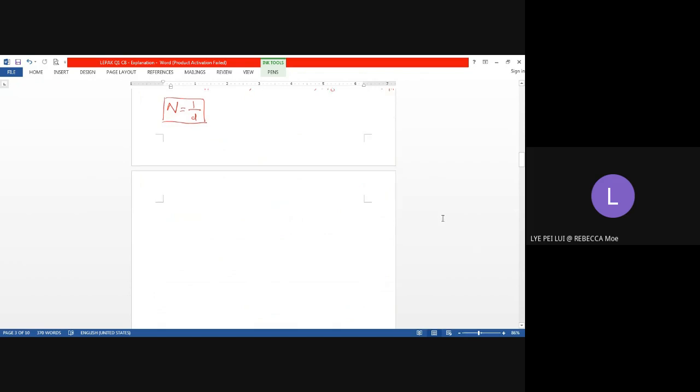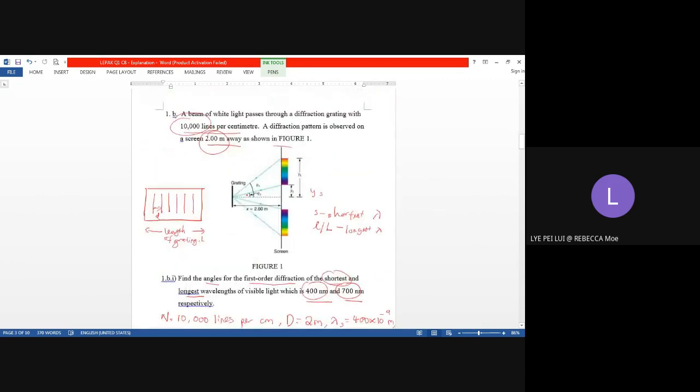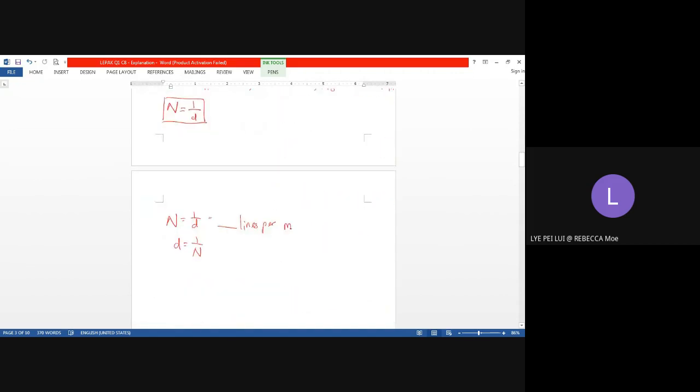I substitute in the next page. So n equals 1 over d. You rearrange because you want to determine the d, which is 1 over n. At the end, lines per cm is given.